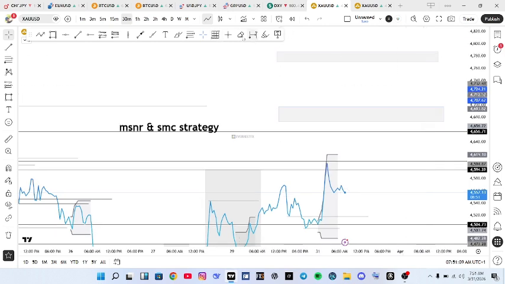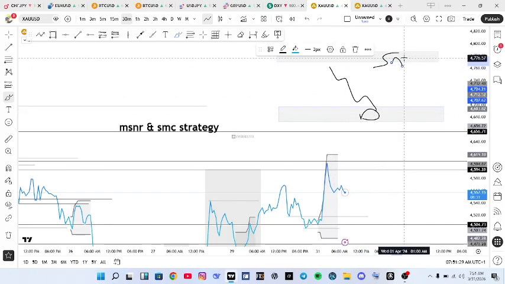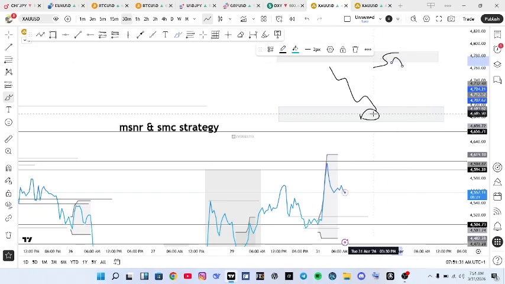So this is your supply, this is your supply, this is your demand. Now if price is coming to this level and instead of supply or demand you hear me say order block, just know that it is still this your demand. Or price is coming up to this place, you hear me say supply, it is still your order block. Or price is coming to this level here, you hear me say your support level, it is still this order block or demand.